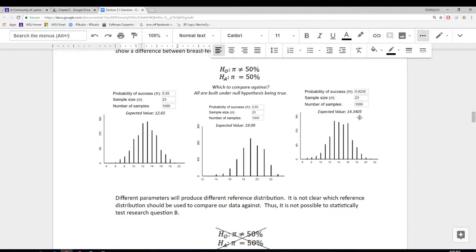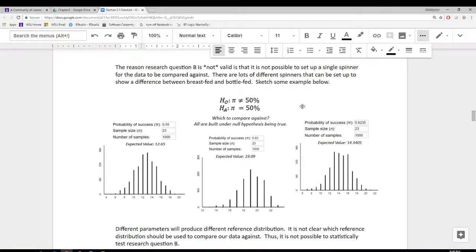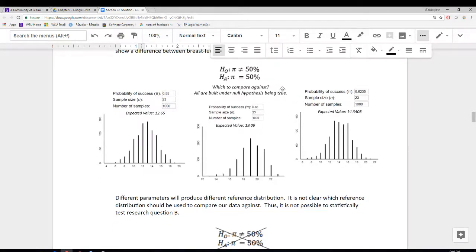I could develop yet a third situation under the null hypothesis. A probability of success or a parameter value of 62.35% would work as well. The expected value in this situation is 14.34. I have three different reference distributions or simulation models that are set up under the null hypothesis.